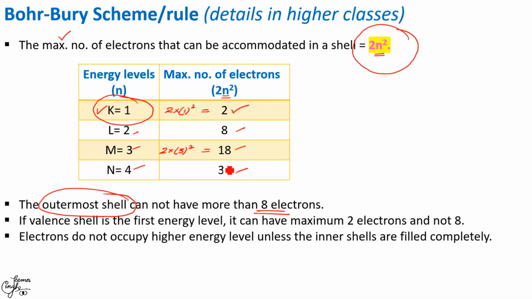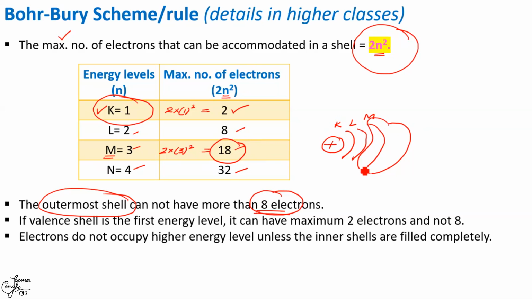Now what does that mean? Let me explain with an example. If I say M shell, you have a nucleus and you have K, L and M shell, and M happens to be the outermost shell. Now this outermost shell, which is also called the valence shell, cannot have more than 8 electrons, even though the maximum rated capacity for M is 18.